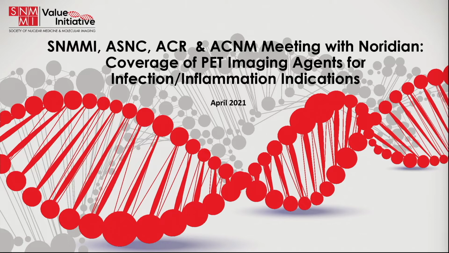So what we did at a society level, and one of the hats that I do wear is I'm the chair of the ACR Commission on Nuclear Medicine and Molecular Imaging. We work together with other organizations, SNMMI, ASNC, ACNM, and met with various local MACs in different areas, some of the big ones, Noridian, Palmetto, and we were discussing with them how important this change is and why they should cover patients for outpatient imaging.